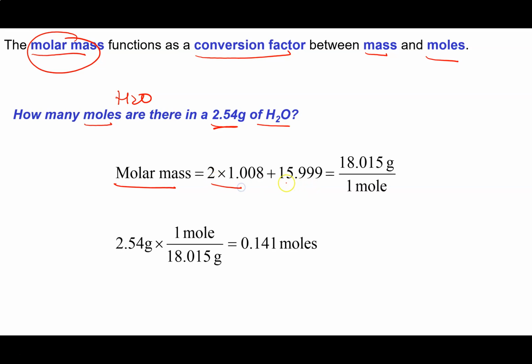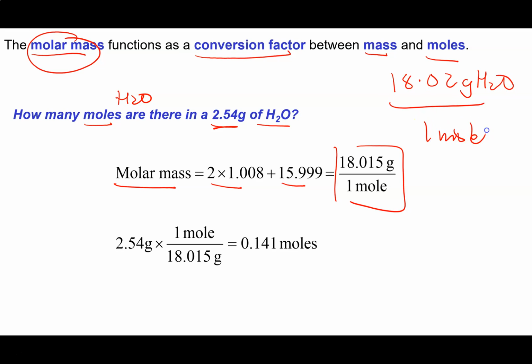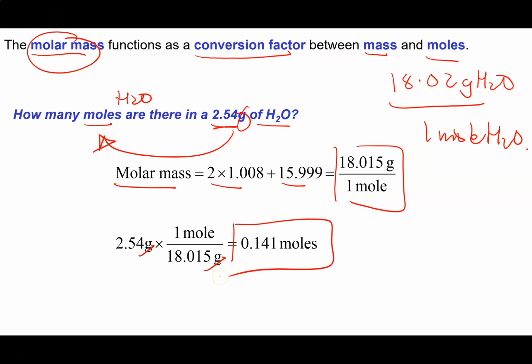I've got 2 hydrogen atoms and 1 oxygen atom, and there it is. You'll probably memorize this before too long. 18.02 grams of water per 1 mole of water. There we are. And so now, to convert from grams to moles, I've just got to multiply by 1 on the molar mass. My grams will cancel out, leaves me with moles. And we saw that exact calculation previously.